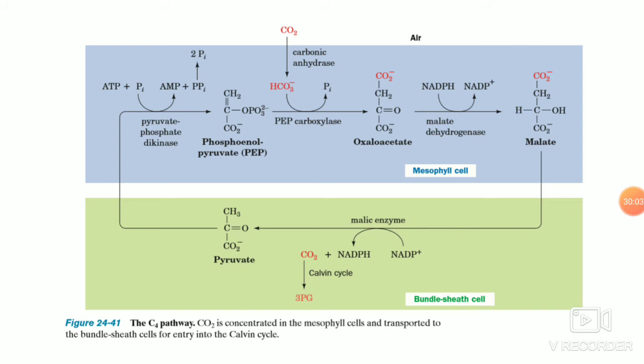The oxaloacetate is reduced by NADPH to malate, which is exported to the bundle sheath cell. There, the malate is oxidatively decarboxylated by NADP+ to form carbon dioxide, pyruvate, and NADPH.